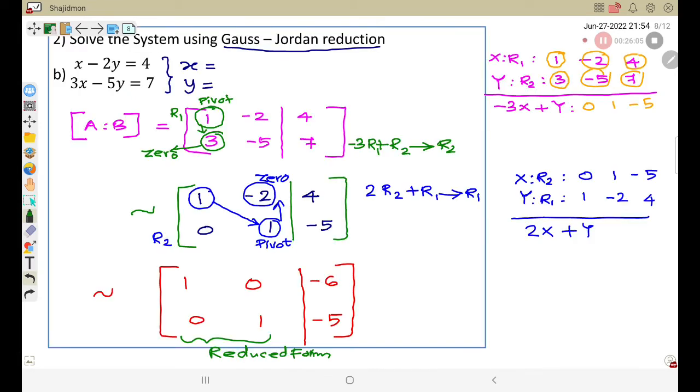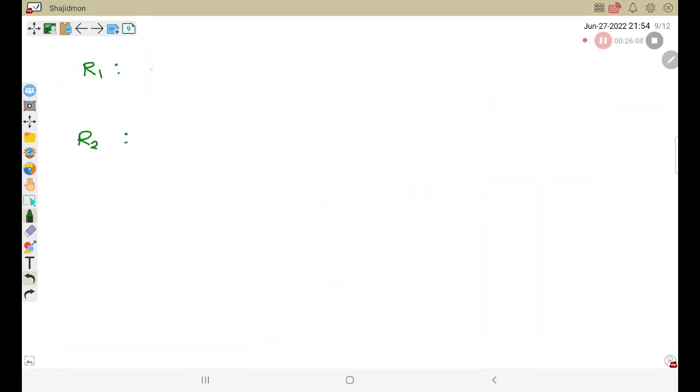What is the first row here? 1, 0, minus 6. Second row: 0, 1, minus 5. The first number stands for x, the second for y, equal to the right side number.